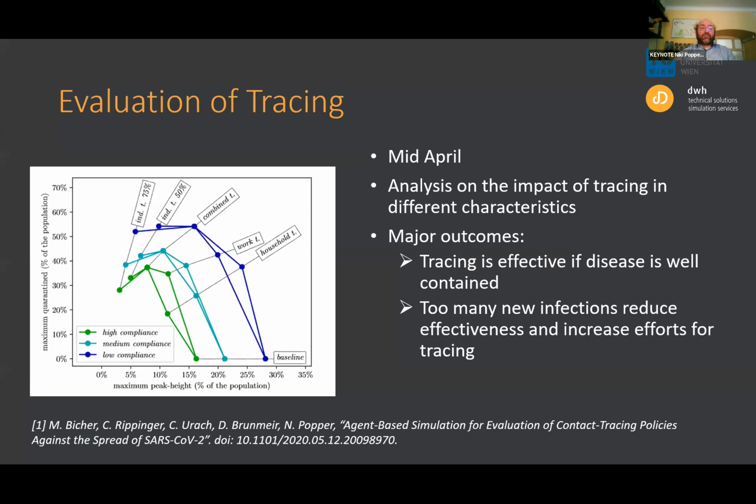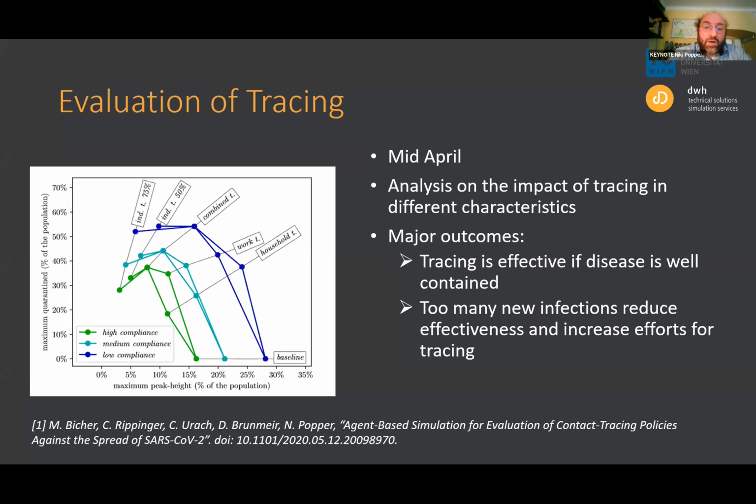So to come to an end, some selected results. One important aspect, of course, is the evaluation of tracing. We started this in mid of April, and major outcomes have been that tracing is effective if the disease is well contained, and too many new infections reduce effectiveness and increase the efforts for tracing.